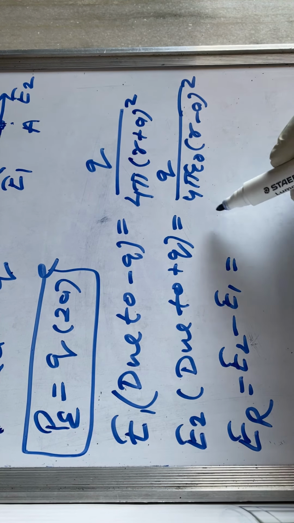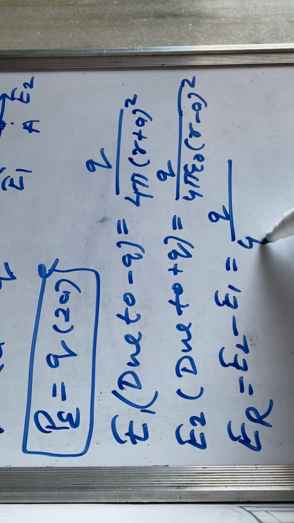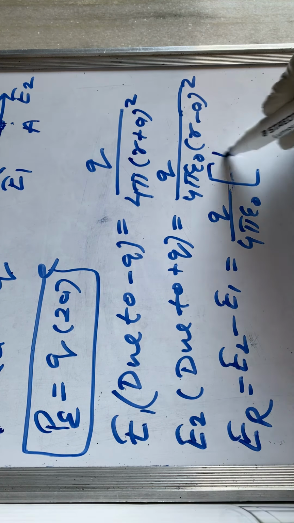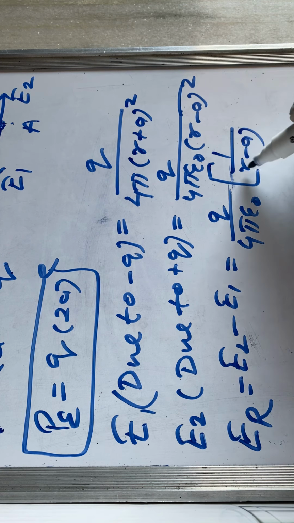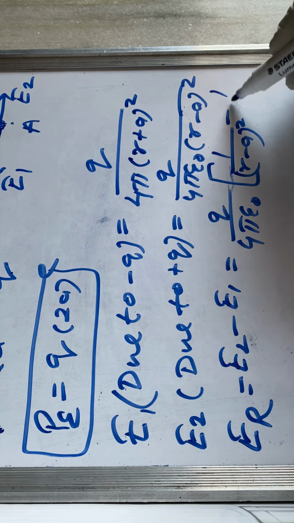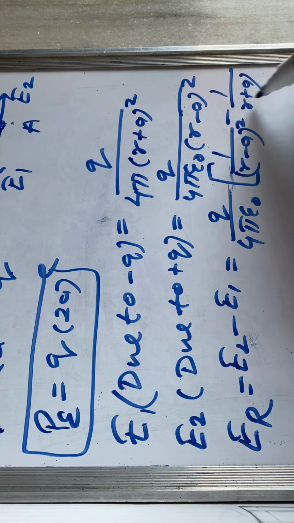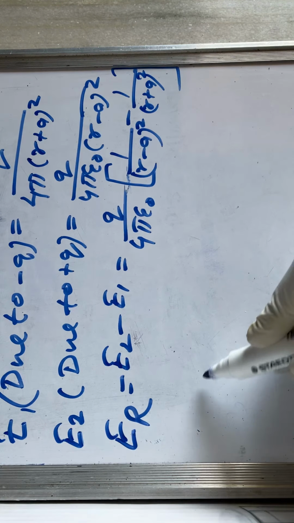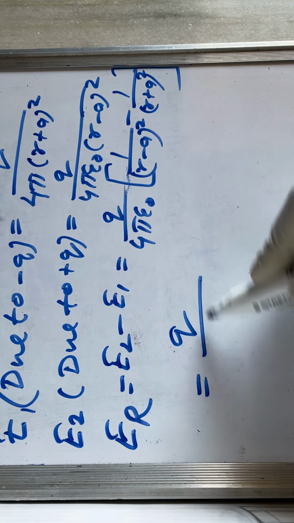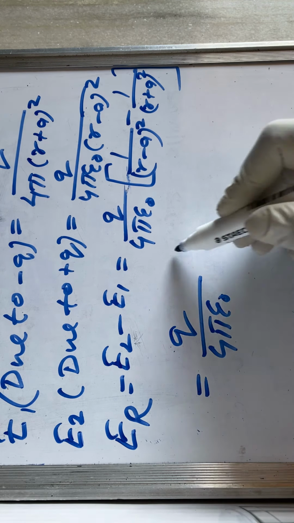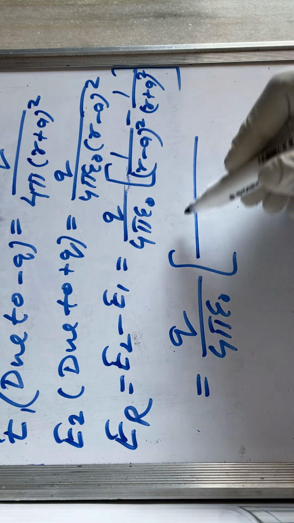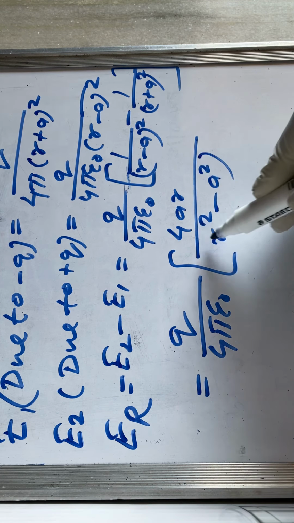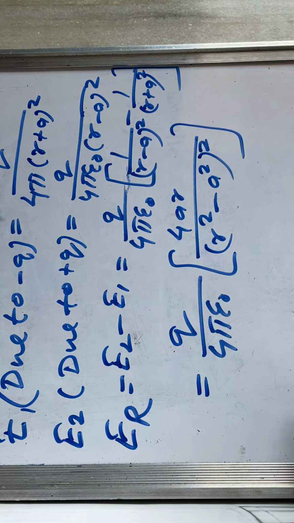Simplify it. Let's take common q upon 4 pi epsilon naught. Then it's 1 over (r minus a) whole square minus 1 upon (r plus a) whole square, which comes out to be q over 4 pi epsilon naught times 4ar over (r square minus a square) whole square.